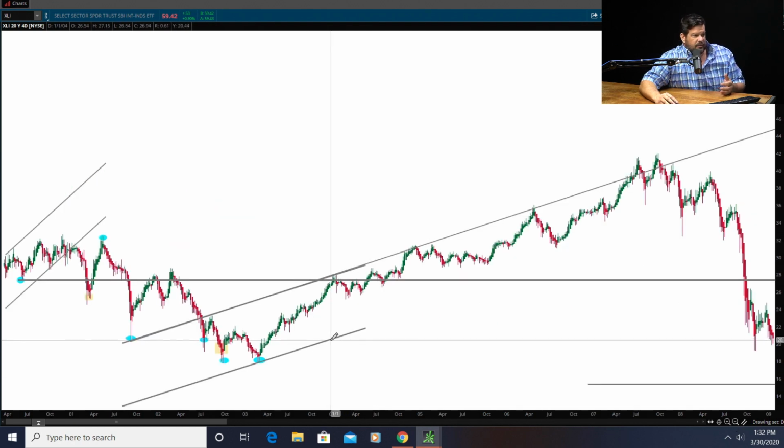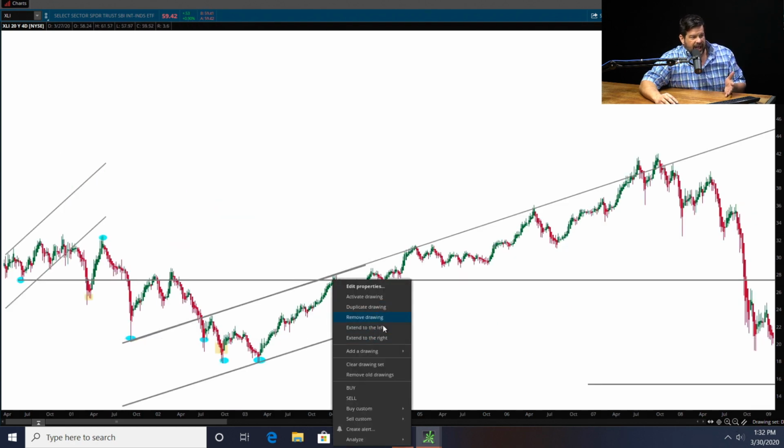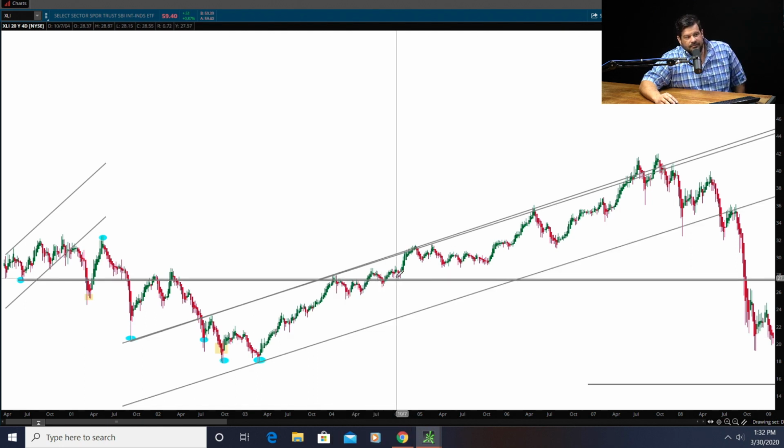Once you have the angle, you have to extend it out and you get confirmation, right? So here's a high, here's a high, here's another high. Price doesn't come down to a low, it comes down to these highs. Now finally it comes down to this low, breaks out, uses this breakout as resistance, goes lower.